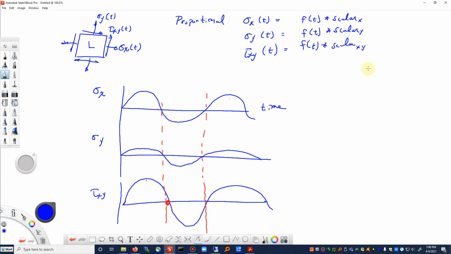In the phase plot, it's usually for tension and torsion. If we were to plot sigma on this axis and tau on this axis, then the phase plot would be a line that goes back and forth as these amplitudes increase, and they go in proportion to one another.